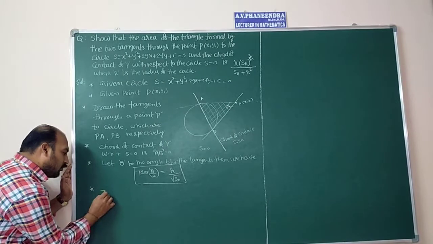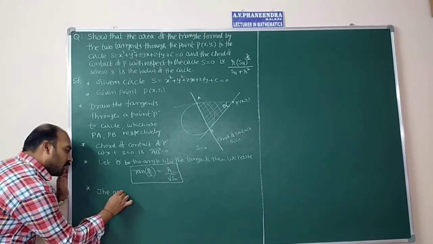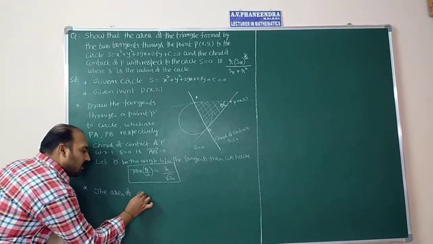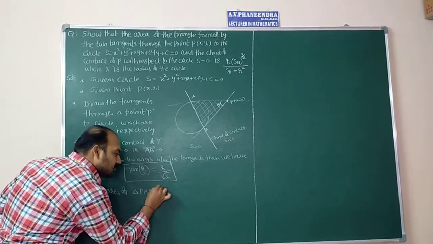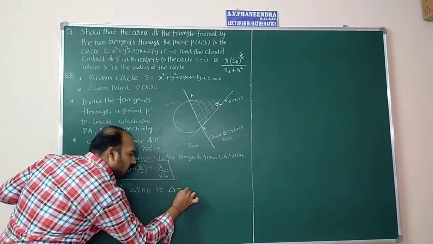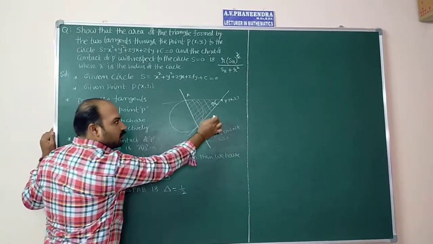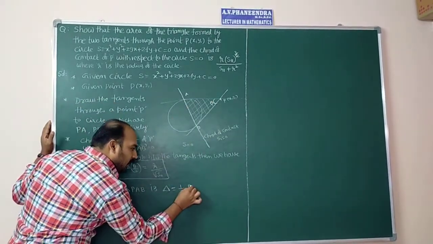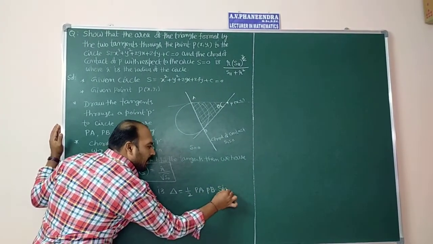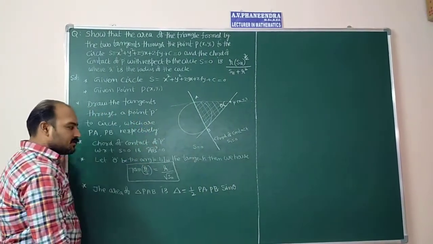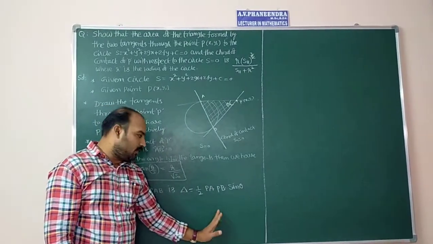So the area of triangle PAB is delta = 1/2 × PA × PB × sin theta, including the angle theta. From properties of triangles we have this formula.